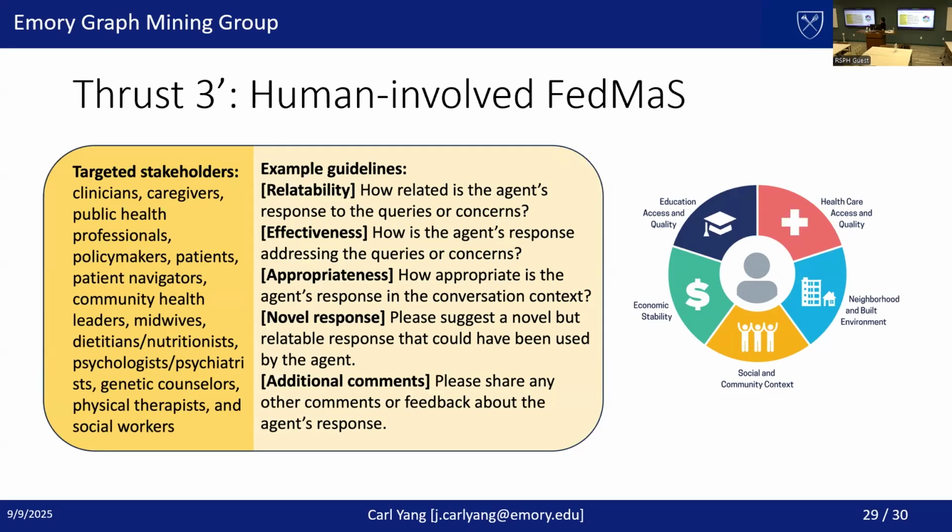This kind of information can always be used to fine-tune the language model, and also this SDOH based knowledge graph. We are building a knowledge graph based on SDOH. Hopefully, if we have more of these entities and their relations inside our knowledge graph, then we can use this new knowledge graph to support more SDOH-aware reasoning.